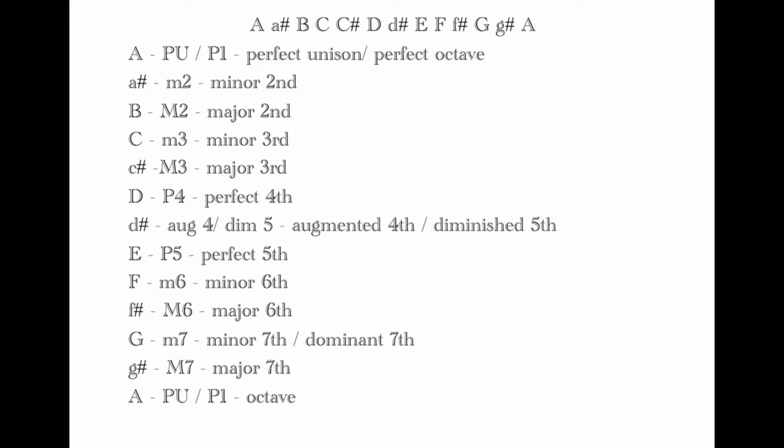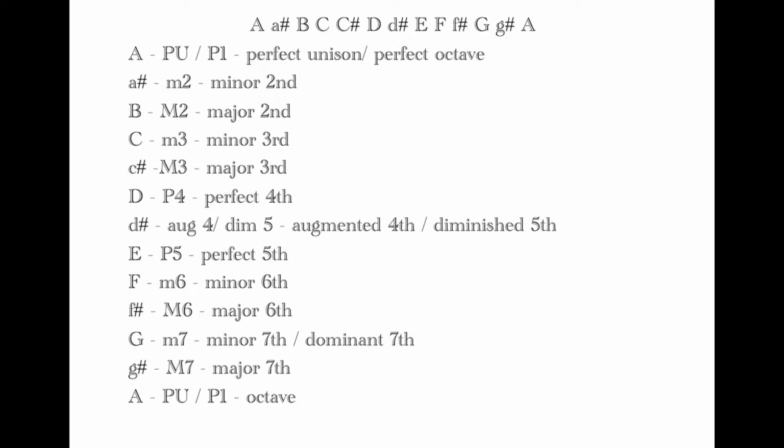Because these measurements are all relative to one another, they have the same sonic relationship, or they sound the same no matter what pitch we base them off of. So if you had a melody that went A, B, C sharp, D, then you could say that was perfect unison, major second, major third, perfect fourth.